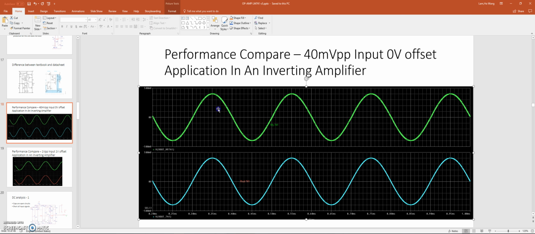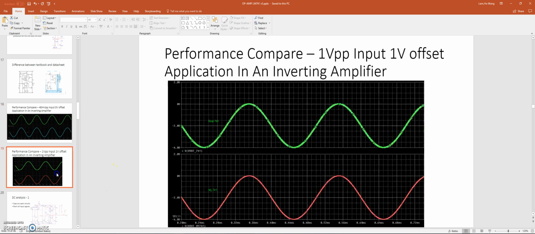So you can see they're pretty much the same in performance. Now we try another waveform, 1 volt peak-to-peak with a 1 volt offset. Since it's an inverting amplifier, we're expecting a 1 volt offset to become a negative 2 volt offset, and 1 volt peak-to-peak to become 2 volt peak-to-peak. So both of them perform correctly.